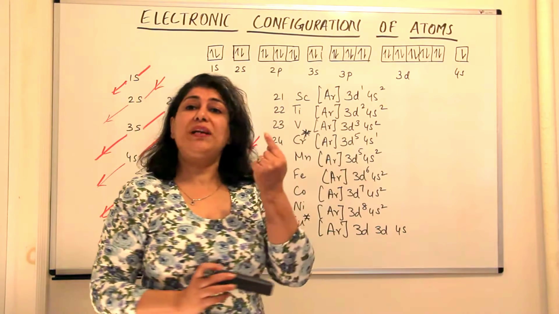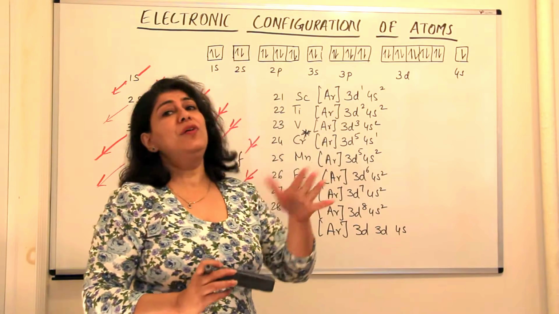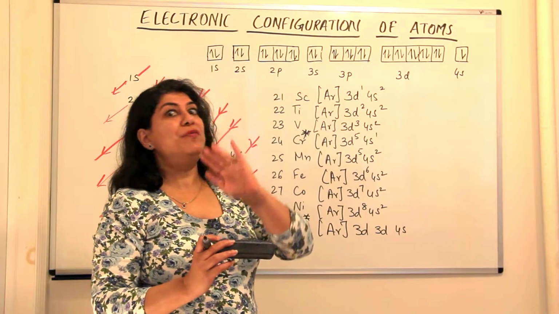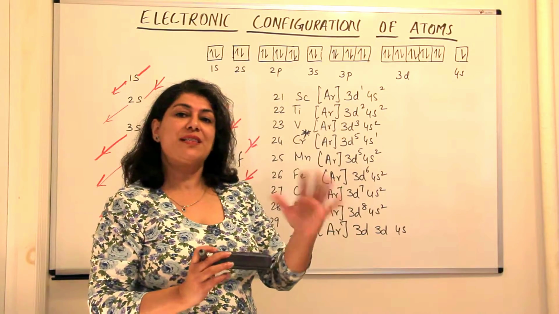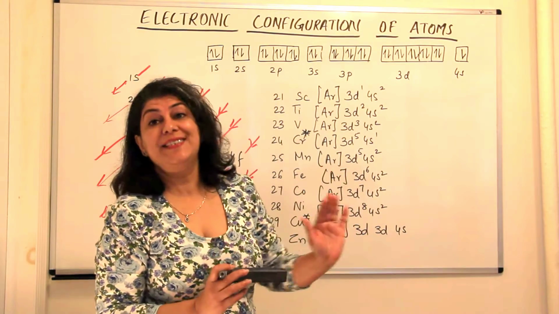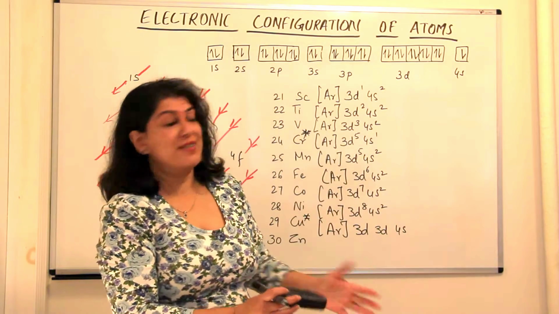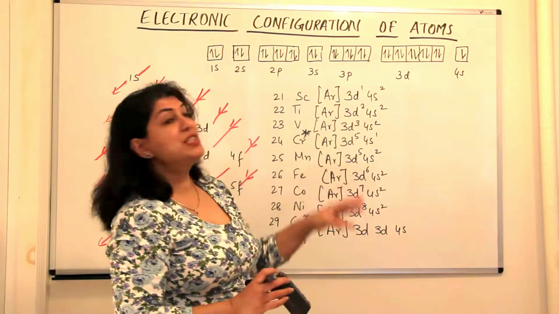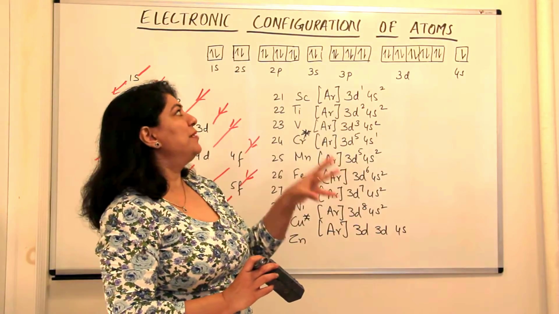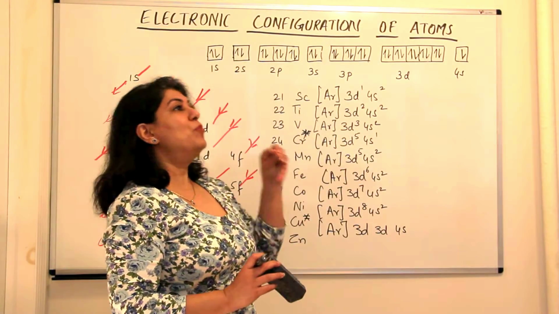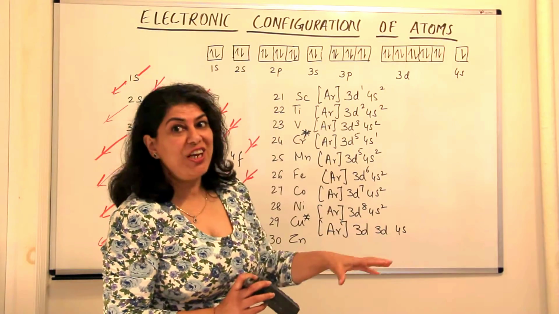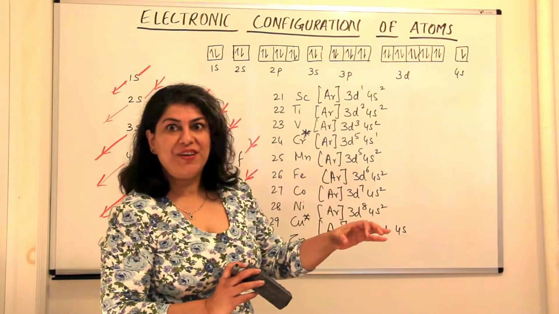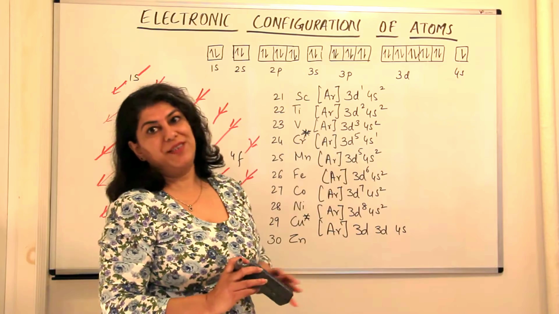And 4s is only one orbital, so it would still be somewhat stable because it is now half filled. But the stability that it renders to the 3d orbitals by making all 5 orbitals completely filled, increasing the exchange energy, making it more symmetrical, leads to a greater stability.